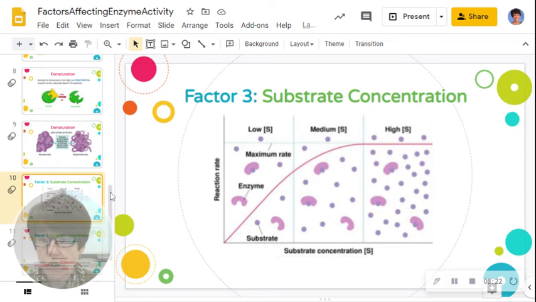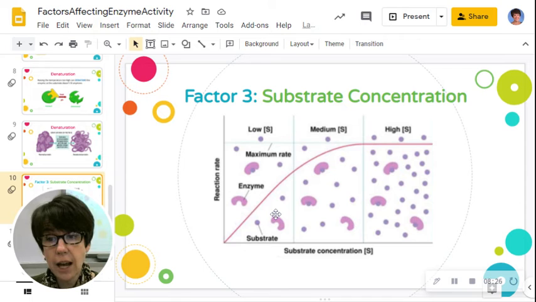So the third factor is substrate concentration. This is how much reactant I'm adding. It would make sense that if I have more reactant, the molecules are going to be able to bump into the enzyme more frequently. And so the rate of the reaction is going to go up, right? And then when we add a little bit more, we can see that more of the enzyme is reacting.